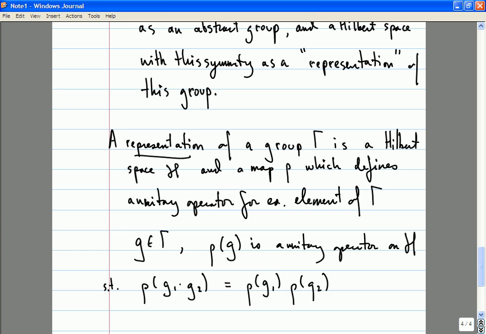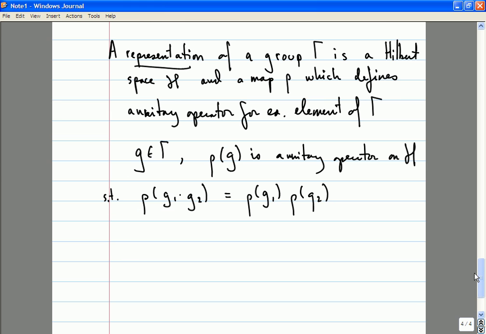So I haven't actually said anything. Okay. All I've said is that we think of symmetries as a group, and we can specify an abstract group of symmetries that we would like to act on our Hilbert space. And what we mean by that is that we have a set of unitary operators acting on our Hilbert space that respect this group multiplication law. Why is it useful to use this sort of formal language?